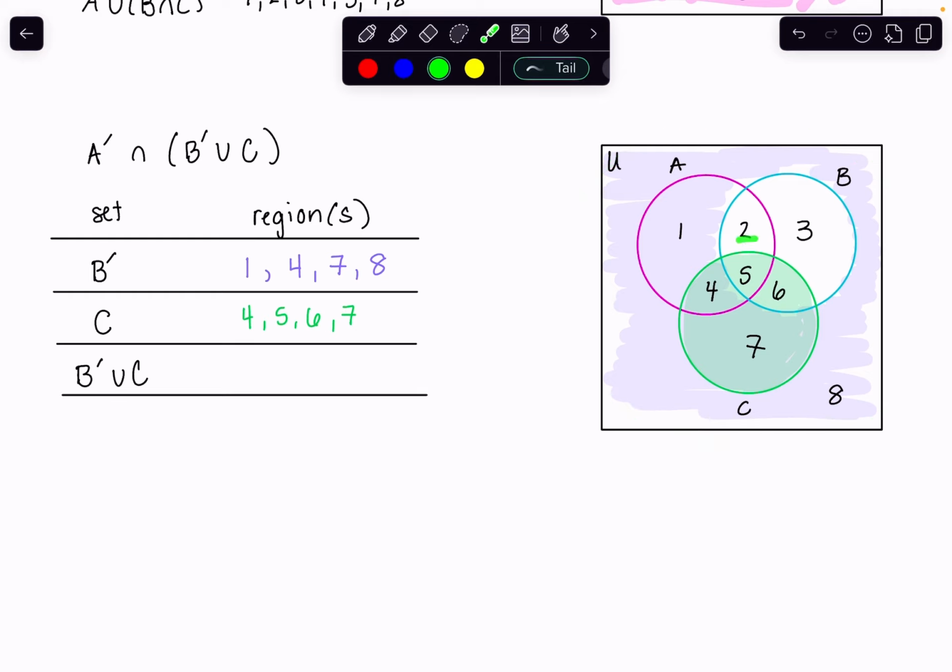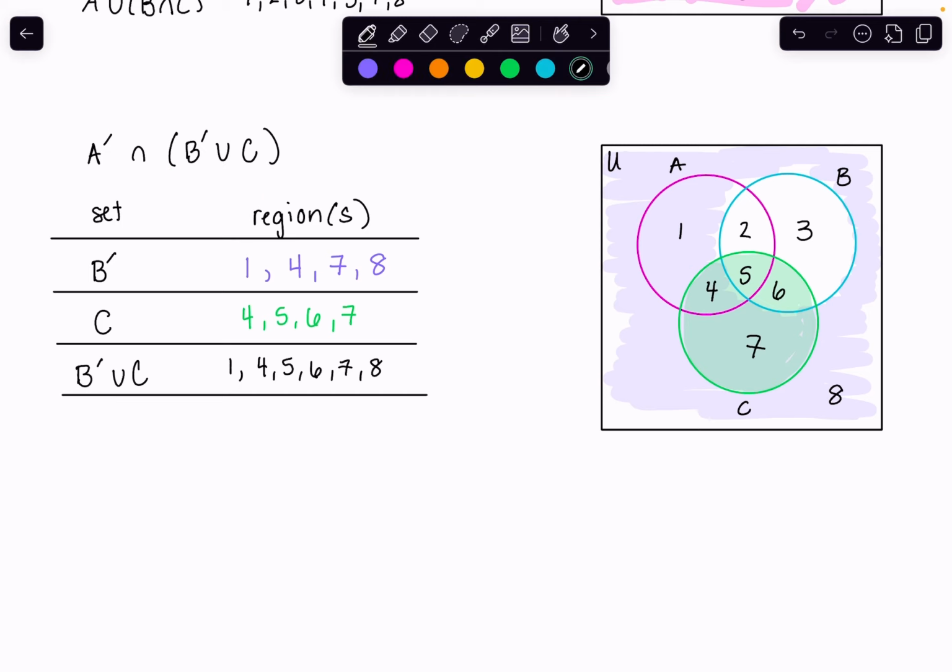So all of the numbers except 2 and 3, those haven't been shaded. So that gives me 1, not 2, 3, 4, 5, 6, 7, and 8. And again, that just melds this list together. So 1, 4, 7, 8. 4 and 7 are there, so you're just adding in the numbers 5 and 6. Okay. So I've got the regions this set talks about done.